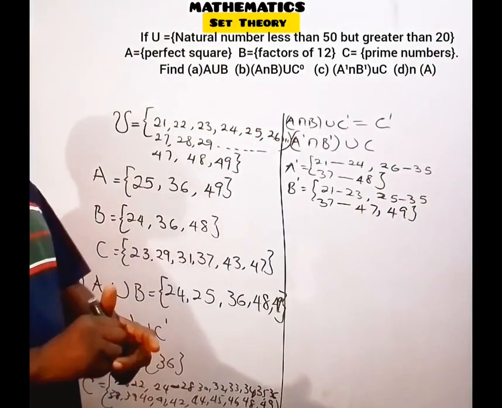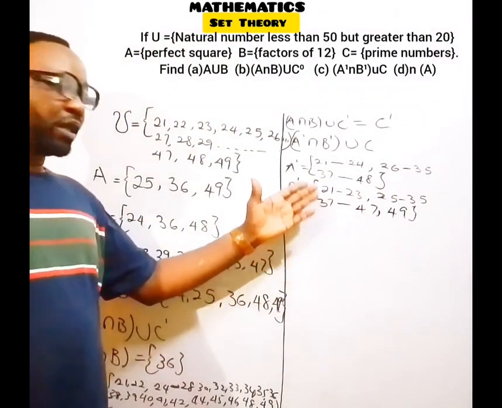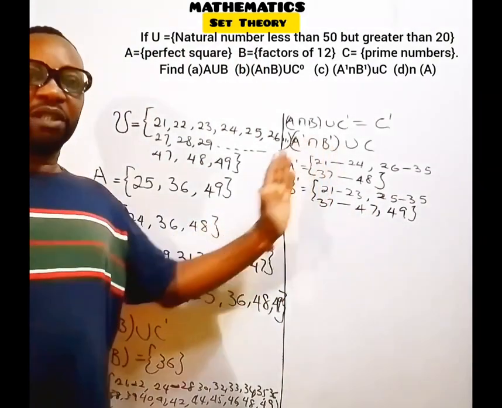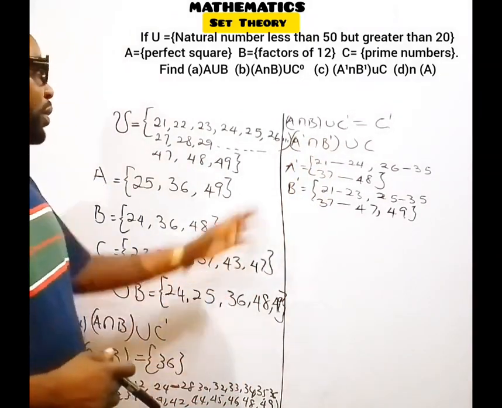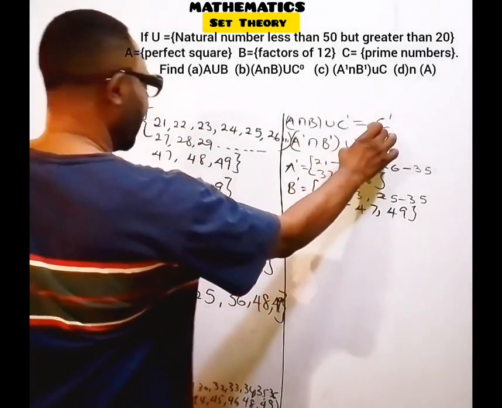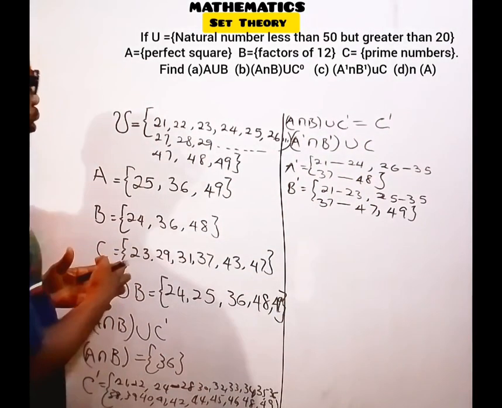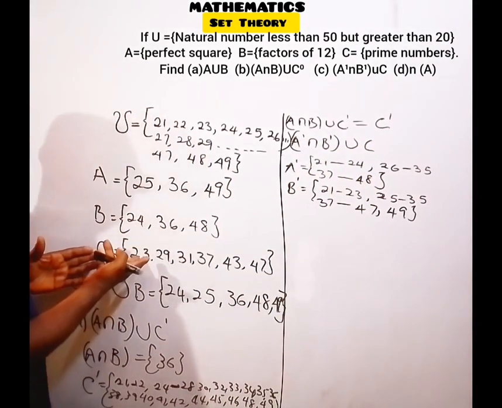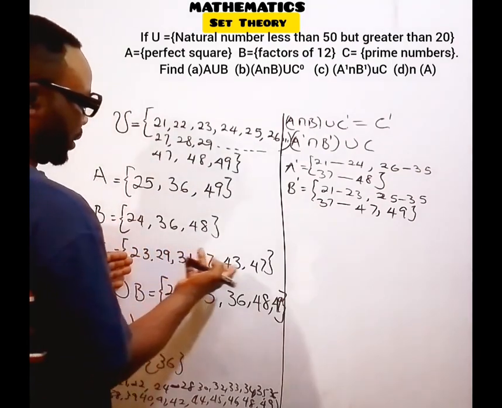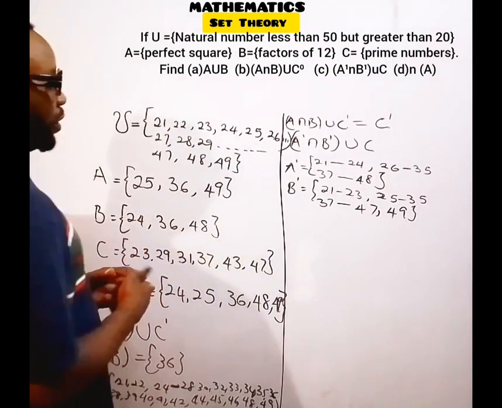We are going to take a union of it with the C values: 23, 29, 31, 37, 43, and 47.